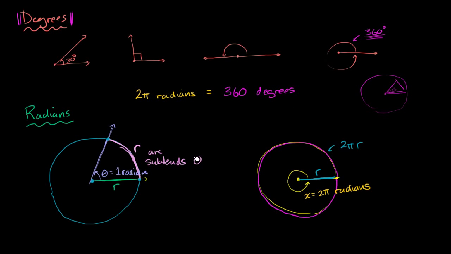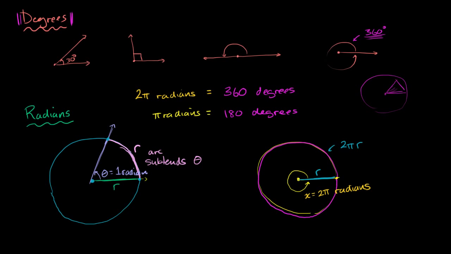Now, if we wanted to simplify this a little bit, we could divide both sides by 2, in which case we would get on the left-hand side pi radians, which would be equal to 180 degrees.